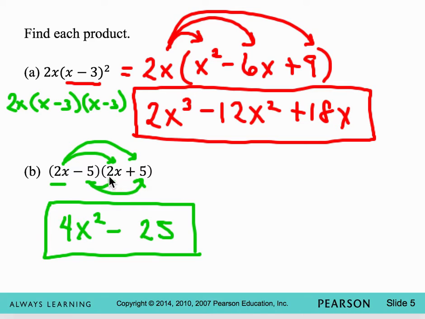But this is going to be really useful to us when we get to college algebra, and it's going to help us in factoring, where in the last section we're going to go from the multiplied out polynomial to these kinds of forms. So I want to change this to look like this. We'll be going backwards. And if I know these shortcuts, it helps me with that factoring.